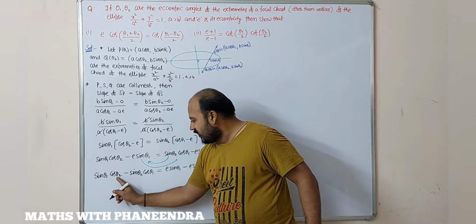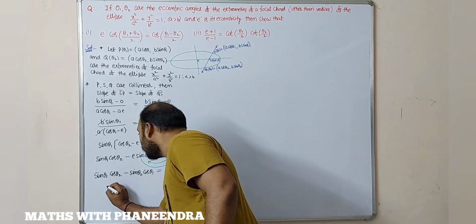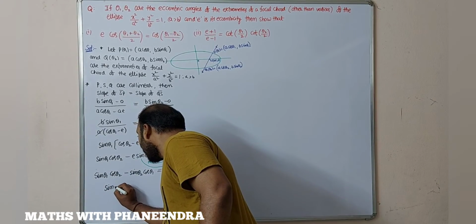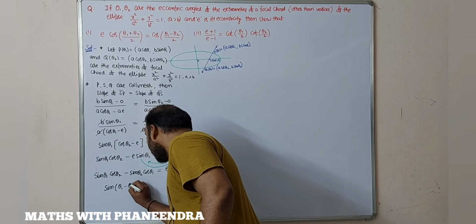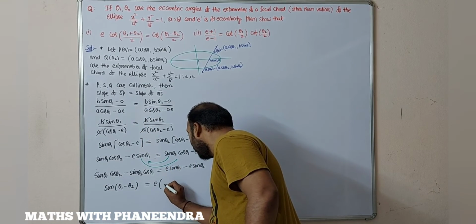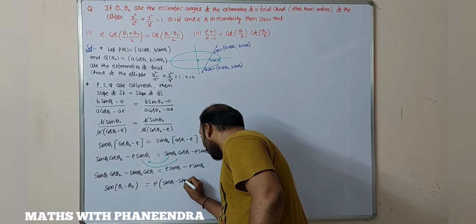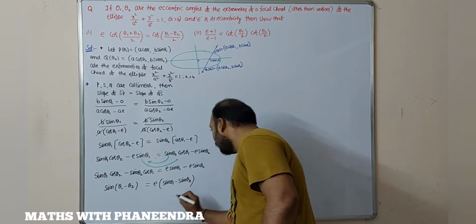Sin A cos B minus cos A sin B, sin of A minus B formula. So sin of theta 1 minus theta 2 is equal to, E take common, sin theta 1 minus sin theta 2. I hope you understand till here.